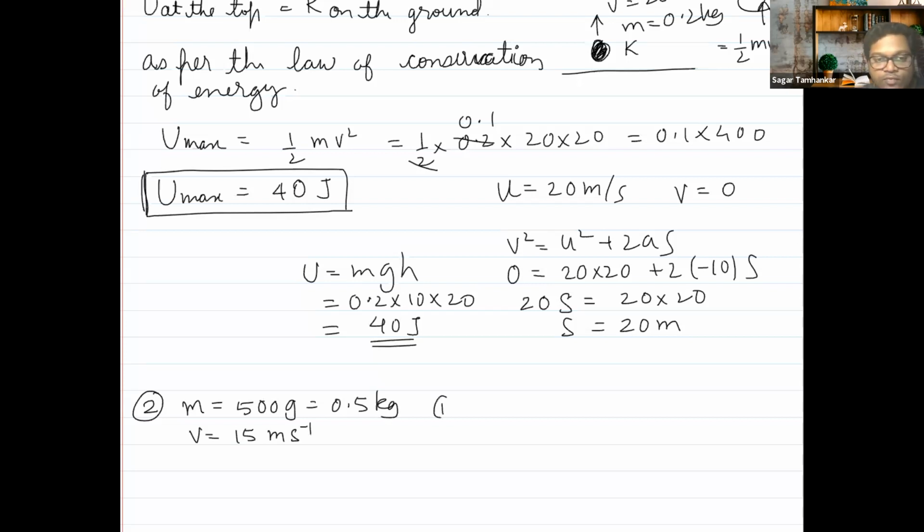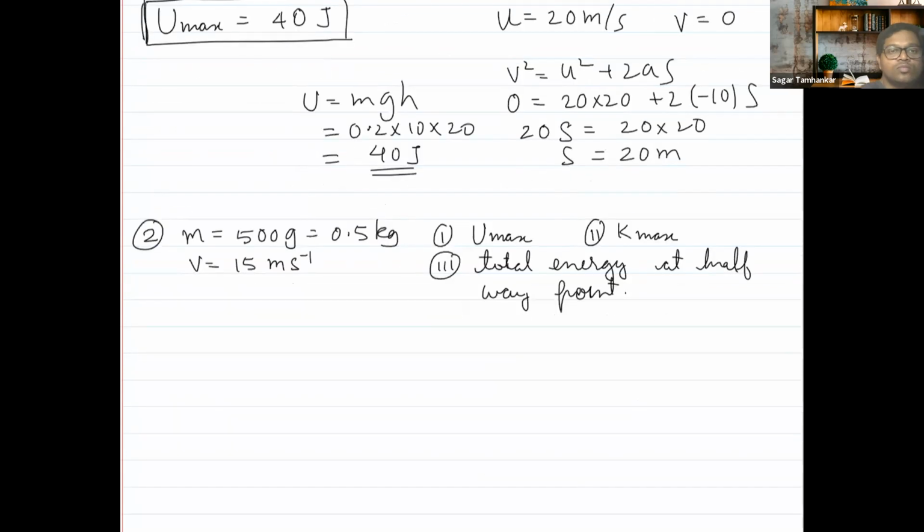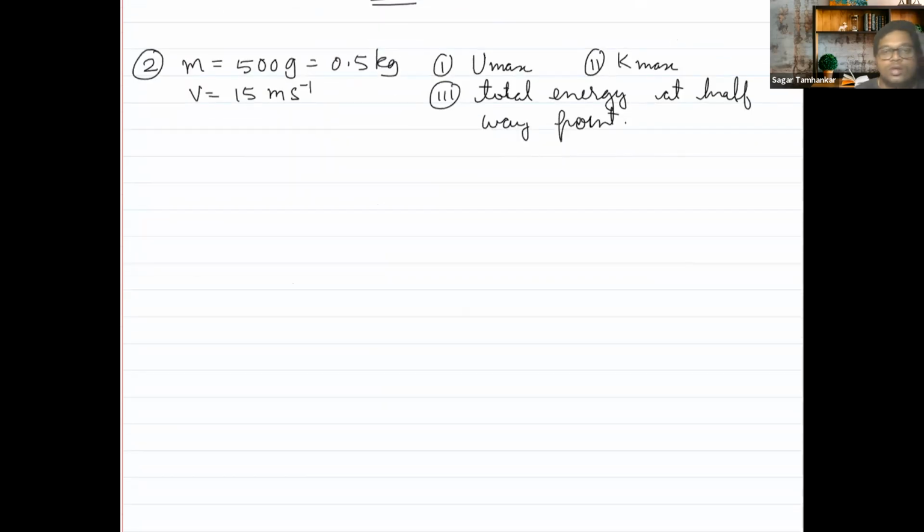They are asking for maximum potential energy, maximum kinetic energy, and the total energy at halfway point. Again, I will draw the diagram for your reference.